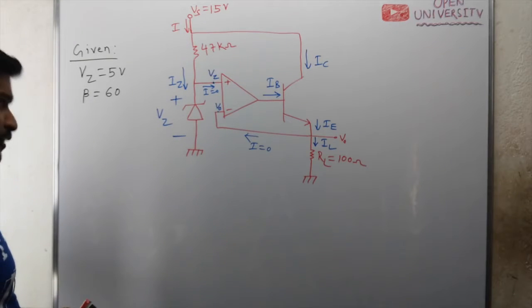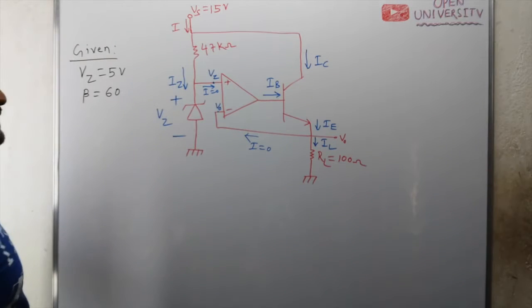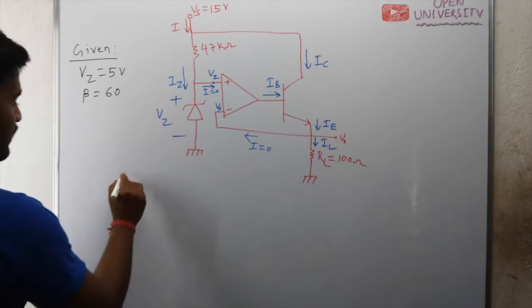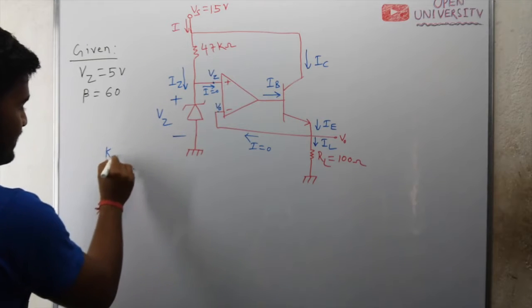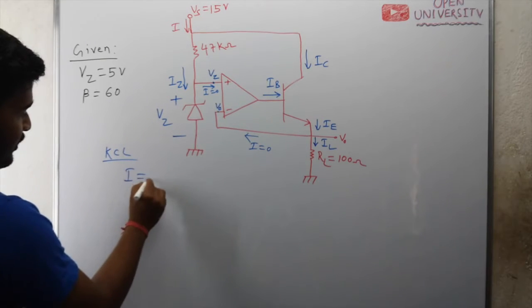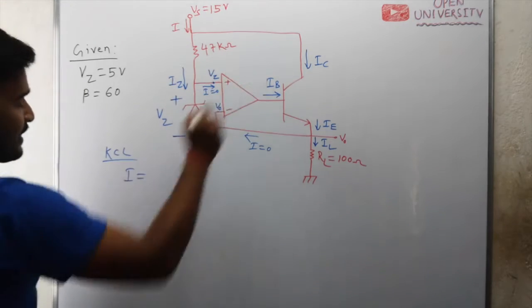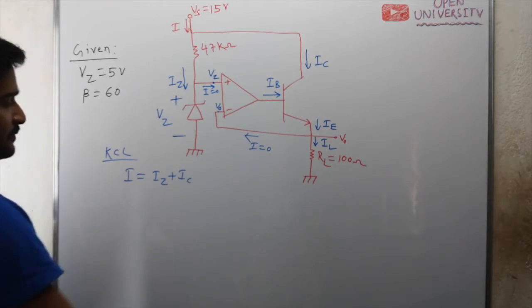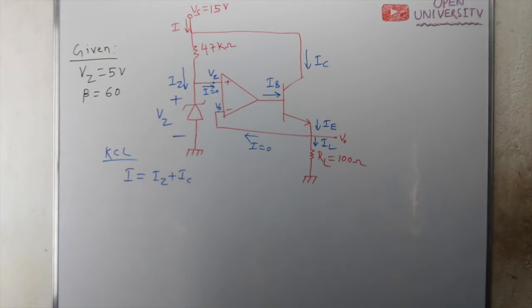The question is: what is the value of I? If you apply KCL at this node, I will be equal to Iz plus Ic.